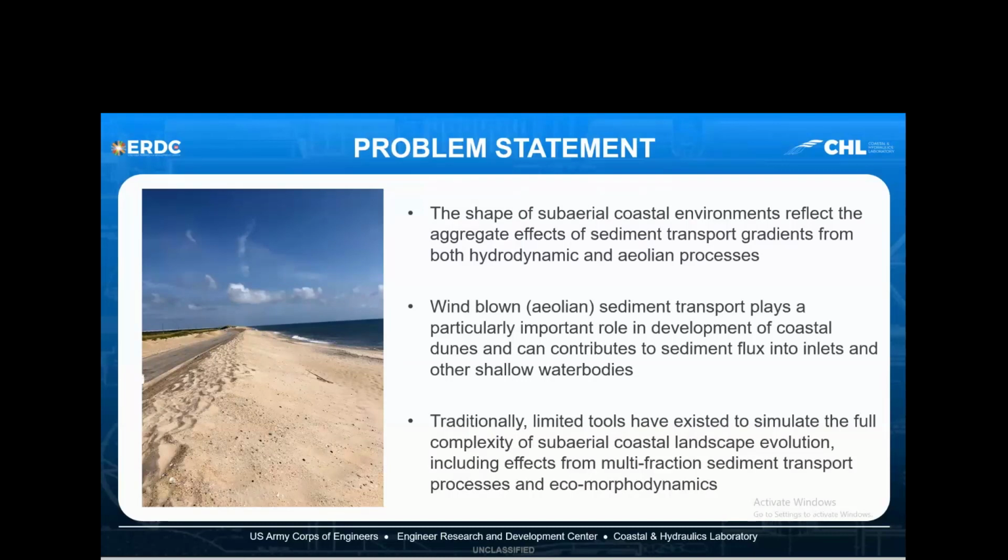It also can contribute to sediment flux into inlets and other shallow water bodies. And traditionally, there haven't been a lot of tools available for us to look at this complex system and consider both the hydrodynamic and Aeolian processes.